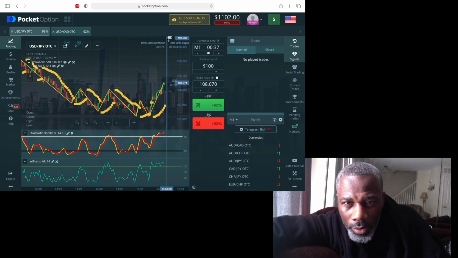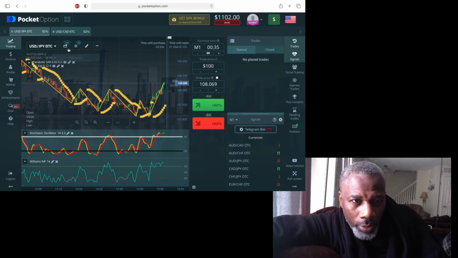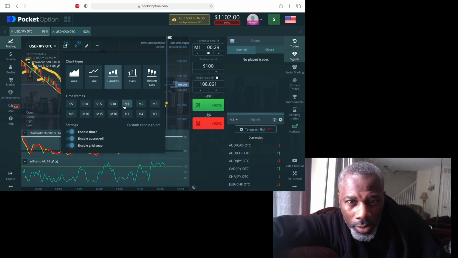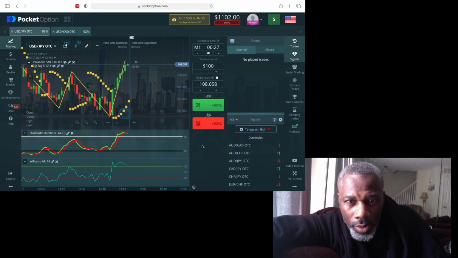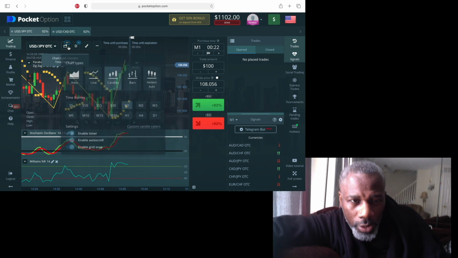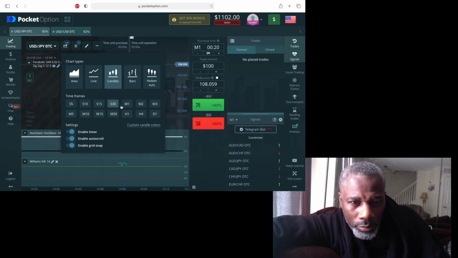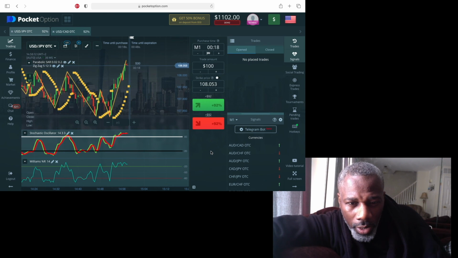They're both kind of close because I'm doing a 30-second trade. But if I change it to 1 minute, it will make the chart come in a little more, but I'm going to do a 30-second trade because I've been back testing that for a little bit.